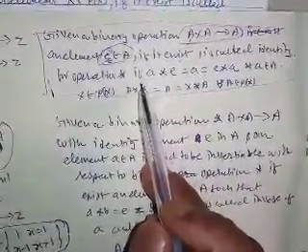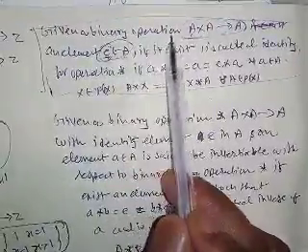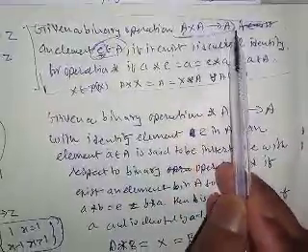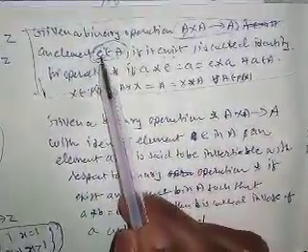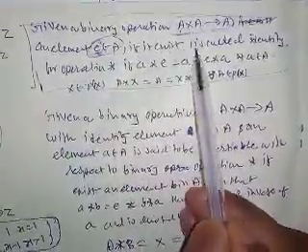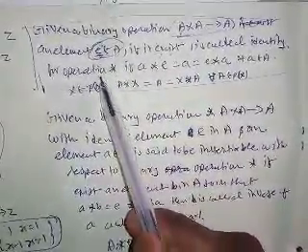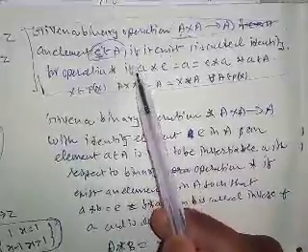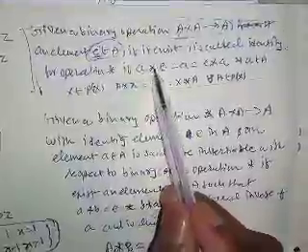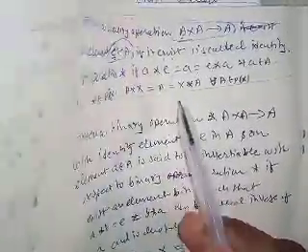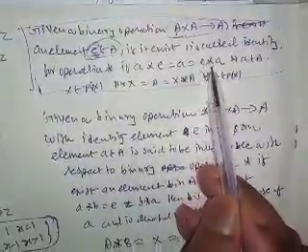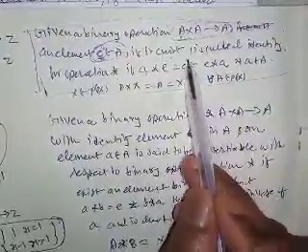For a given binary operation P(X) cross P(X) to P(X), an element X belongs to P(X), if it exists, is called an identity for the operation if A star X is equal to A is equal to X star A, so it should be capital A.